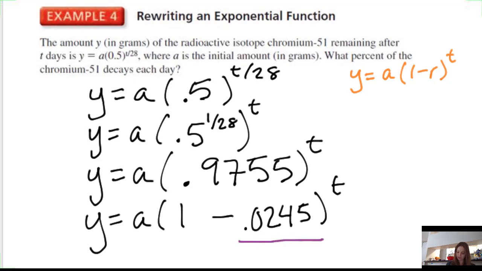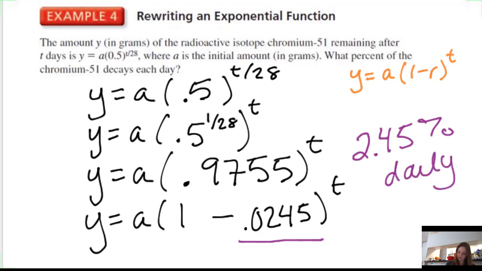This is the percent decay, written as a decimal. So let me write it as a percent, because what percent of the chromium-51 decays each day? Where t is days, I need to make sure that t is days. It is 2.45% daily decay.